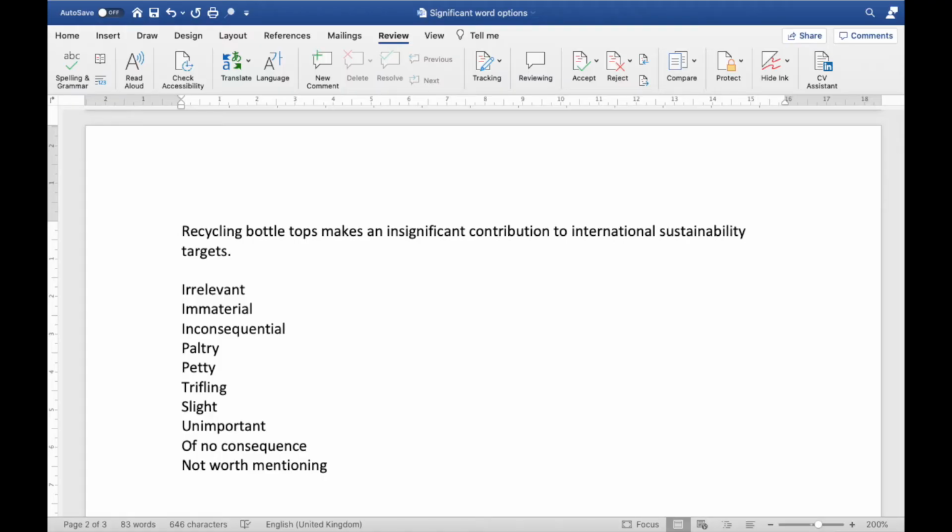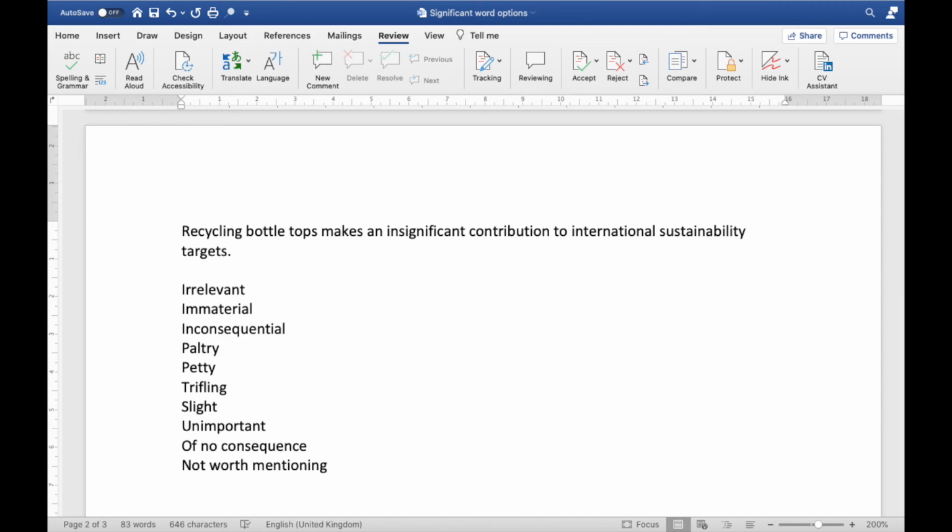Now the words that I wouldn't use for insignificant that a thesaurus will put out as suggestions for you are irrelevant, immaterial, inconsequential, paltry, petty, trifling. Again, these sound a bit exaggerated, a bit pompous. And the other options it will give you are slight. Slight has a wrong feel about it as well.